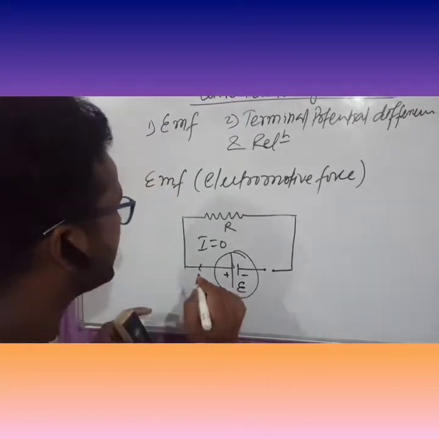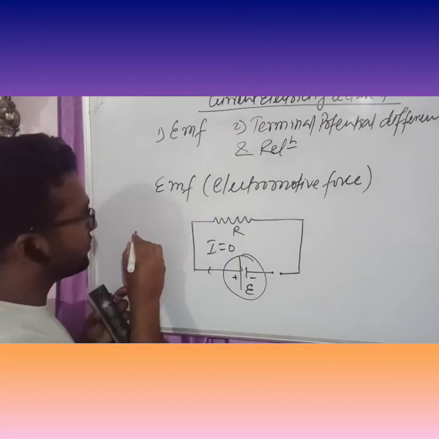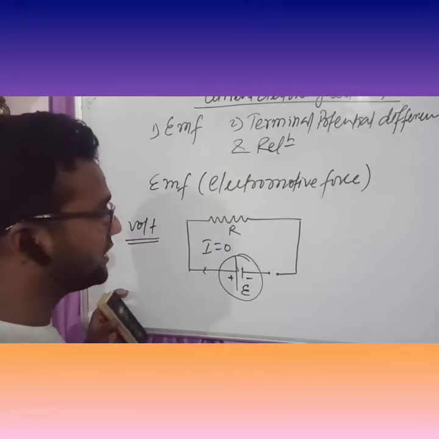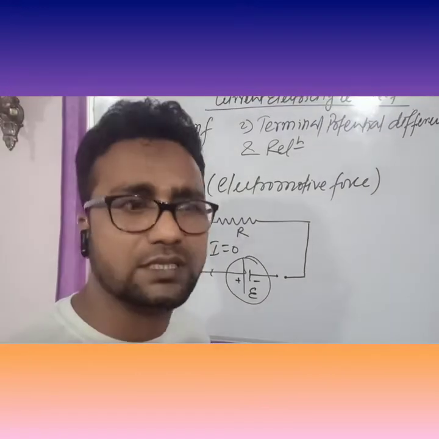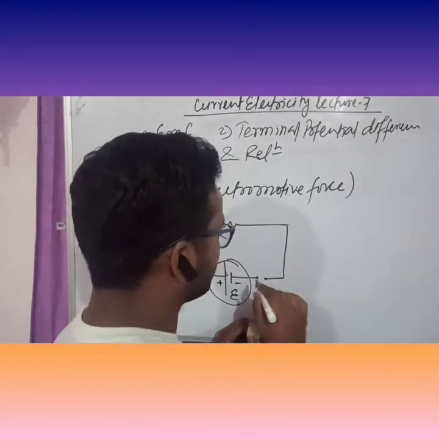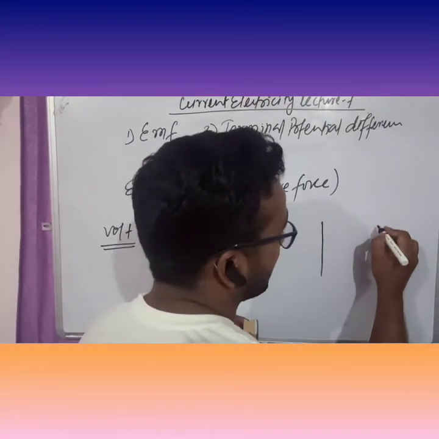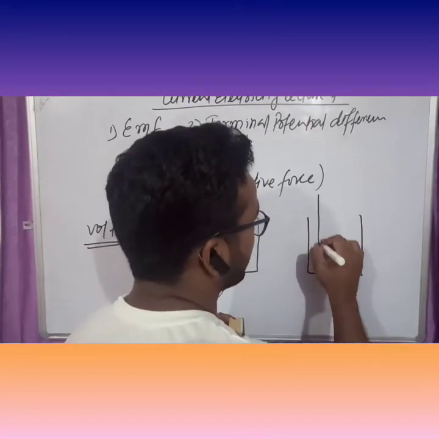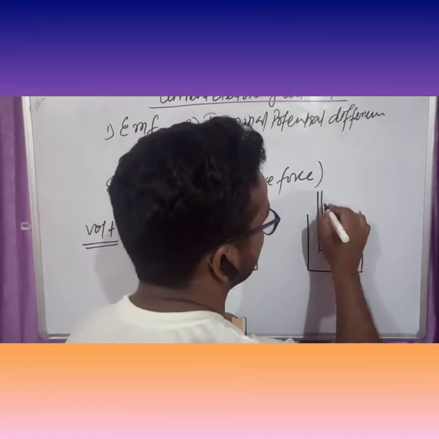The SI unit of electromotive force is volt. Simply, it is a potential. Also we can see a cell in this case. Suppose that it is a cell. Here are two electrodes.